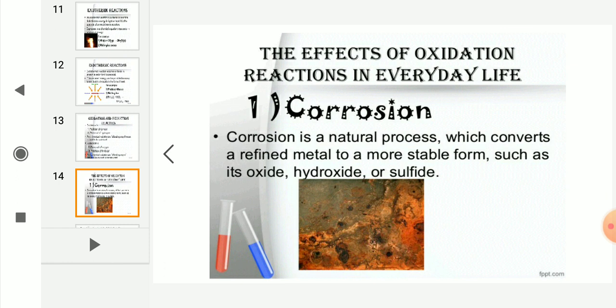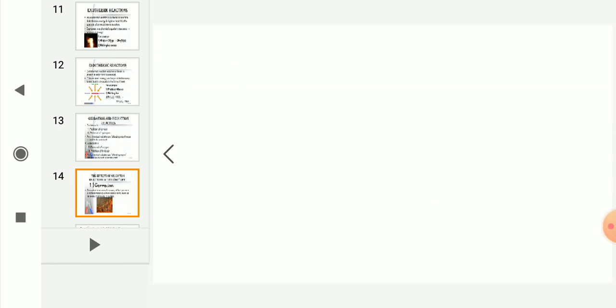It is a natural process which converts a refined metal to a more stable form such as oxide, hydroxide or sulfide. See here the example: the iron metal is corroded, that is rusted. That means brown color iron oxide is formed. So this is rusting.